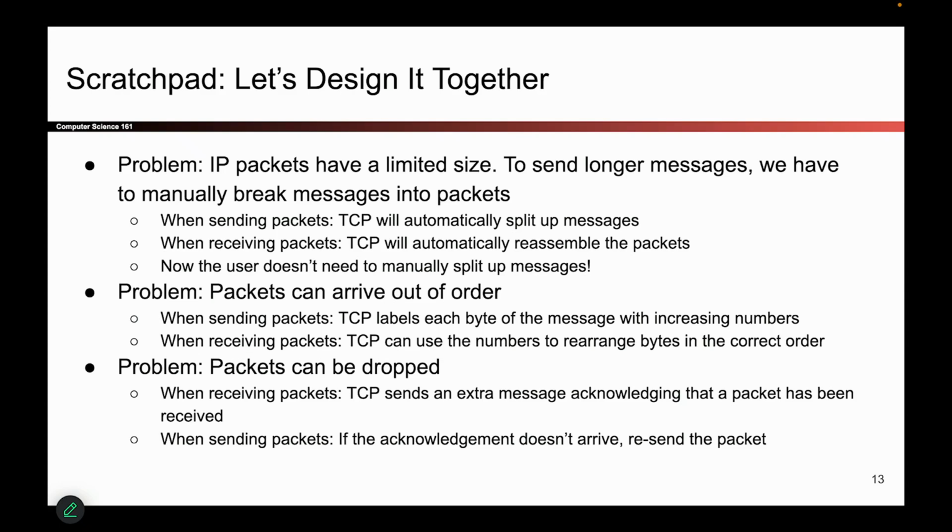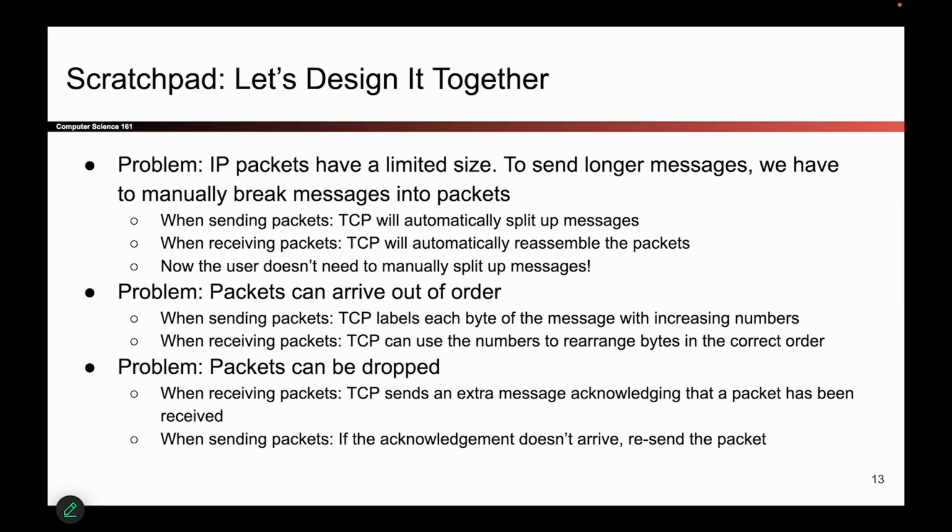So even if the acknowledgement gets dropped, I just send the packet more times until there's some point where I send a packet, you send an acknowledgement, and all is well. It does mean you might get the packet multiple times, but not too big of a problem. You can just discard any duplicates.